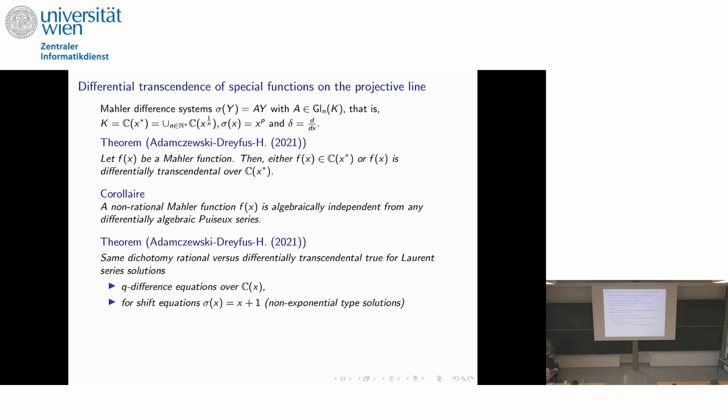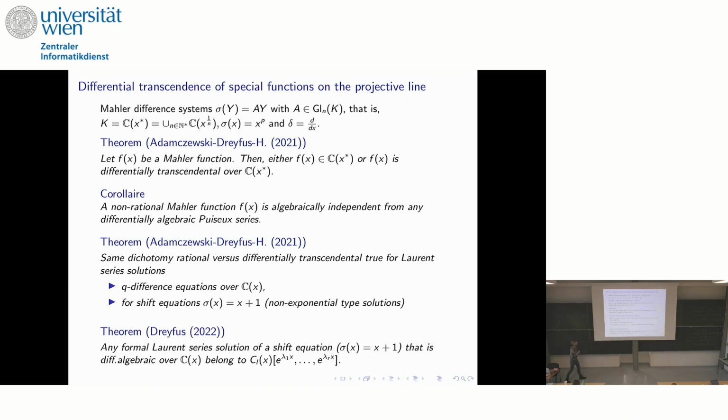You see the exponential. It satisfies the equation sigma of y is equal to e y, but it also satisfies y prime is equal to y. So when we prove this theorem, we have this assumption that the solutions are not only Laurent series solutions, but they are not of exponential type, which was a technical argument.